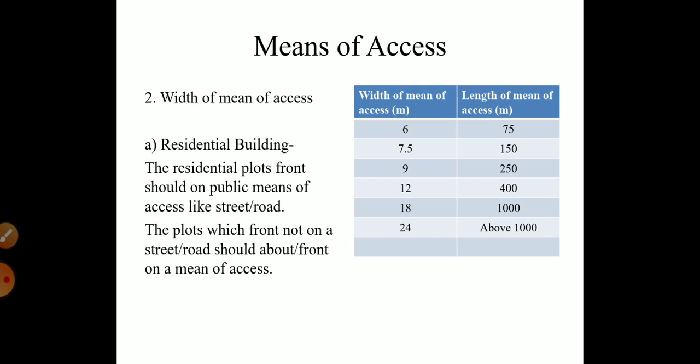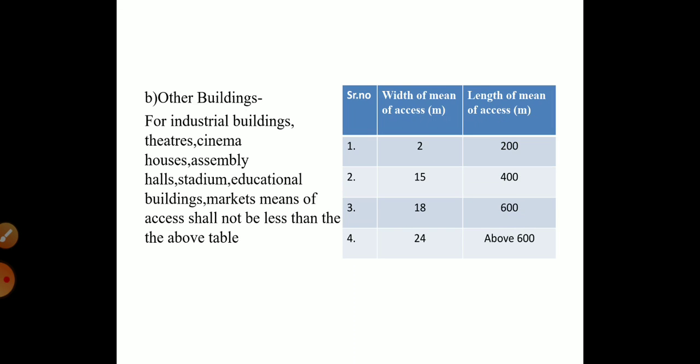Everyone understood? Okay, so next is the other buildings. What is the means of access for other buildings? For industrial buildings, theaters, cinema halls or cinema houses, assembly halls, stadiums, educational buildings, markets or other buildings which attract a large crowd, the means of access shall not be less than the following. See, this is a table.